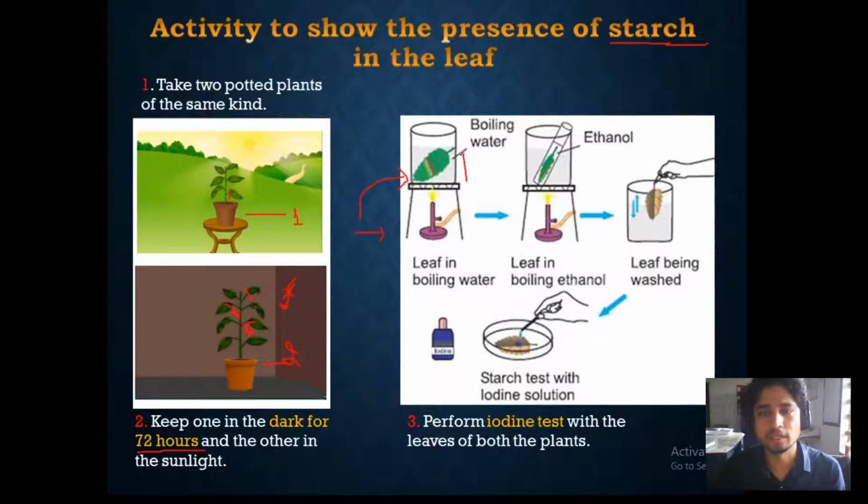Once it is boiling, the leaf is killed, and later the leaf is transferred into the alcohol. This tube has the alcohol, and in this tube we are placing the leaf, and we are placing this alcohol inside the water bath and boiling further.